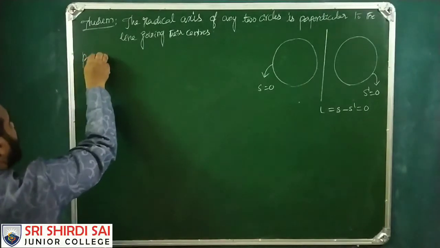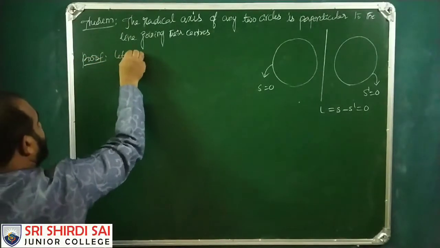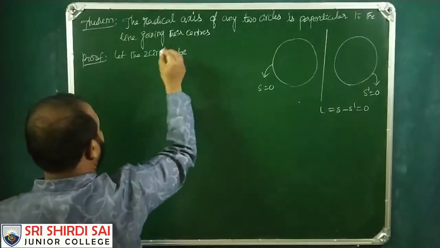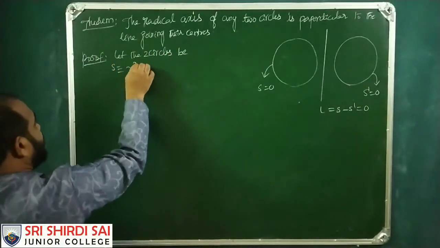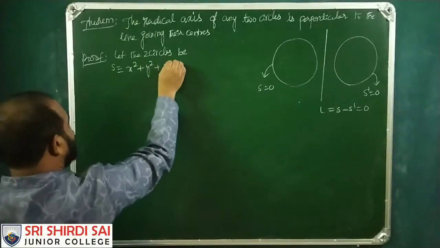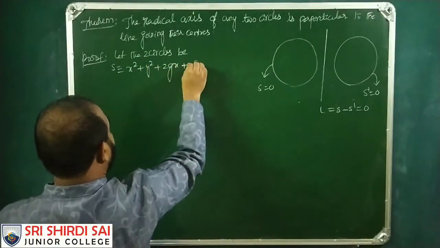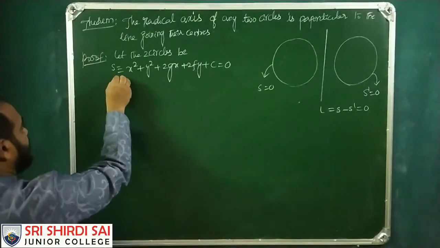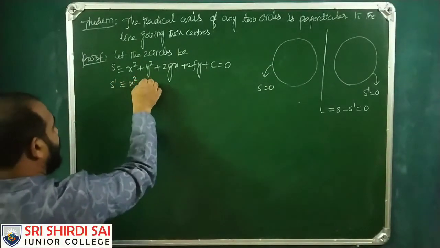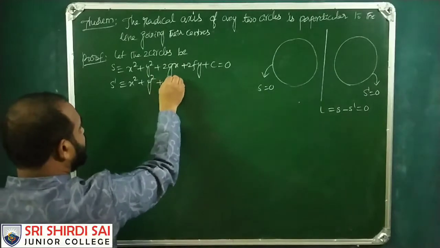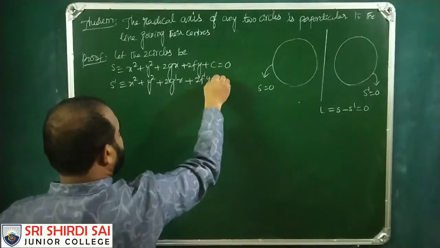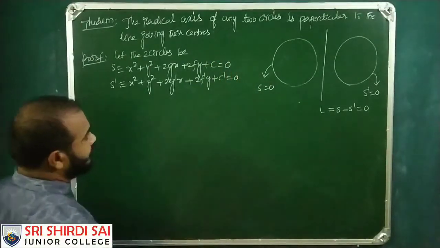Proof. Let the two circles be S: x square plus y square plus 2gx plus 2fy plus c equals to 0, and S dash: x square plus y square plus 2g dash x plus 2f dash y plus c dash equals to 0.